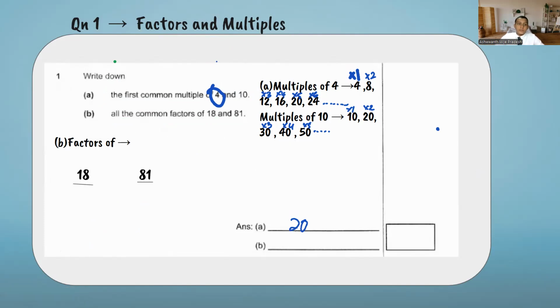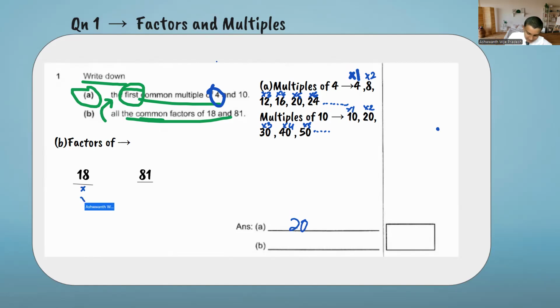So, let me underline all of this again. So we have factors of 18 and 81. I already drew the line for it. Now let's begin. Let's do 18 first. We put a times, put a times, put a times.